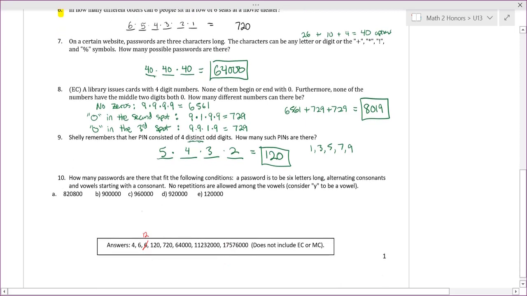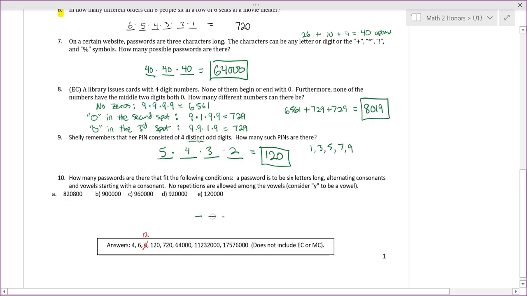And number 10 is a multiple choice problem. So again, you won't find your answer in the answer key at the bottom because you have one of these: A, B, C, D, or E will be your answer. And it says, how many passwords are there that fit the following condition? A password is to be 6 letters long.